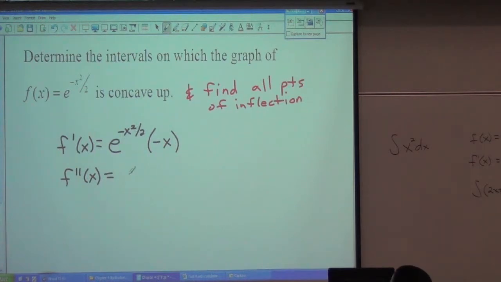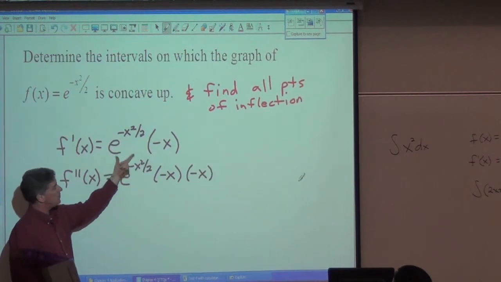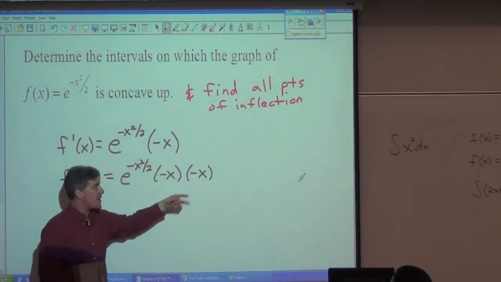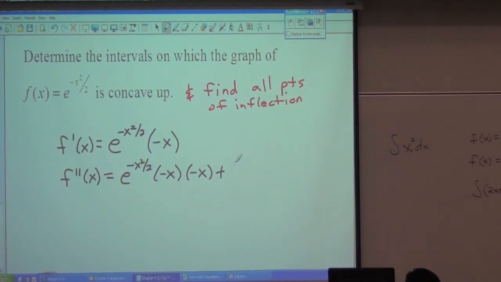So the derivative of e to the negative x squared over 2 is e to the negative x squared over 2 times negative x, right? But then we've got to multiply that by negative x, because this is just the derivative of this. Then plus the derivative of negative x, which is negative 1, times e to the negative x squared over 2.